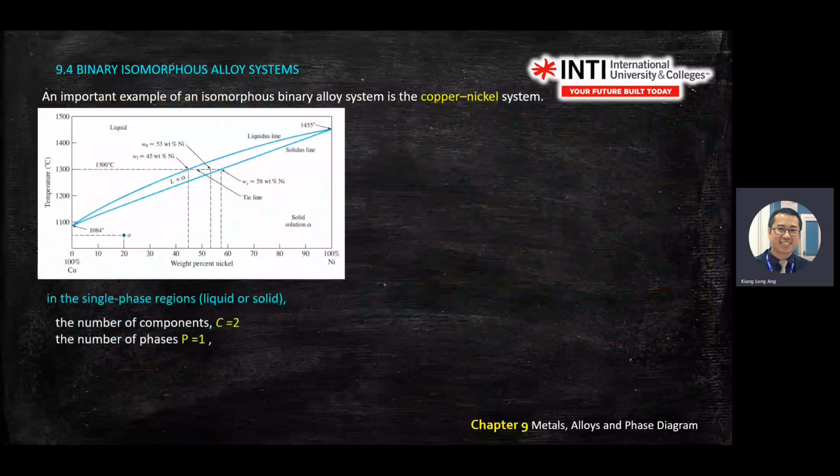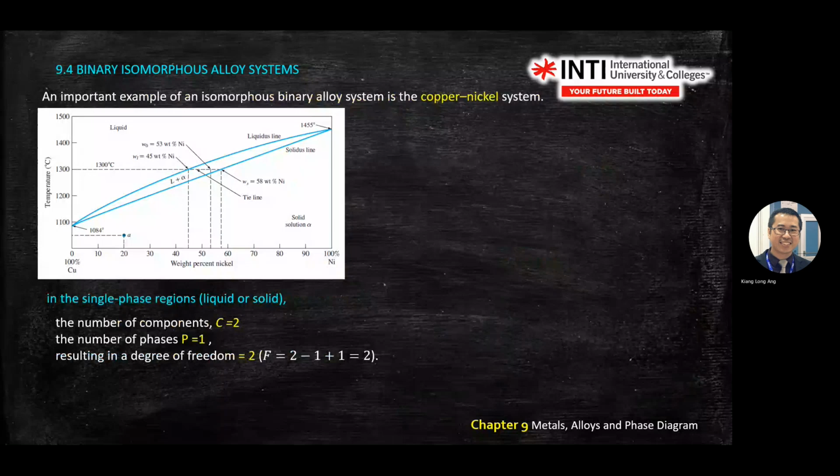Number of phases is 1, either solid or liquid. If you look at this region, then your P is 1. If you look at the liquid, then its P is 1.